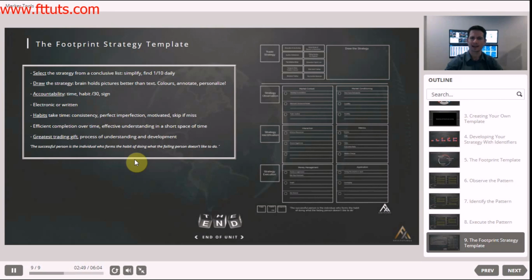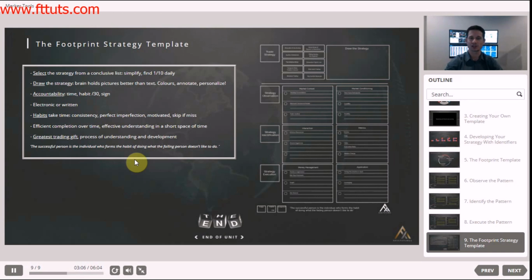Do note, guys, that habits take time to form. Okay, what I am going to say is, if you want to get good at this template and you really want to build consistency in your trading, you're going to need to complete this every day. All right. Now, don't worry, like I said to you, there is no right or wrong, okay?